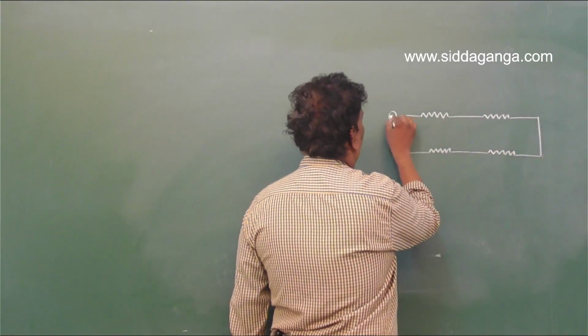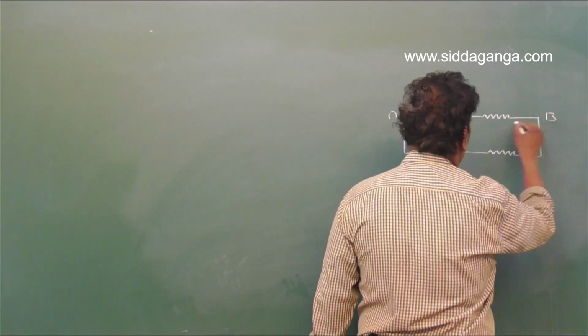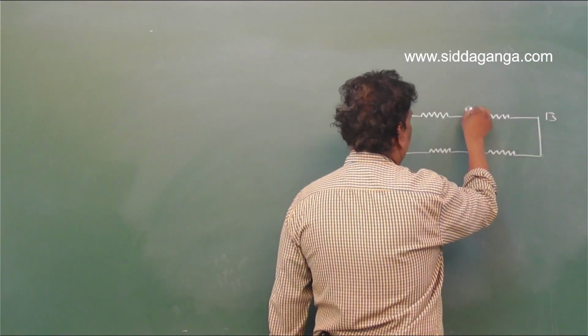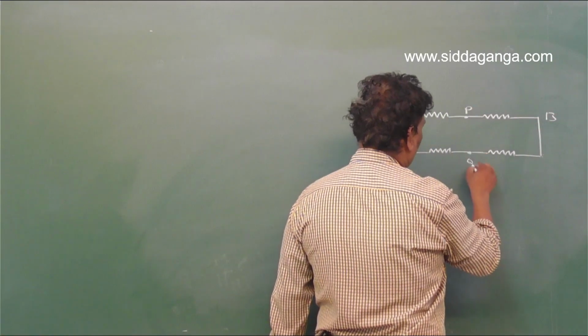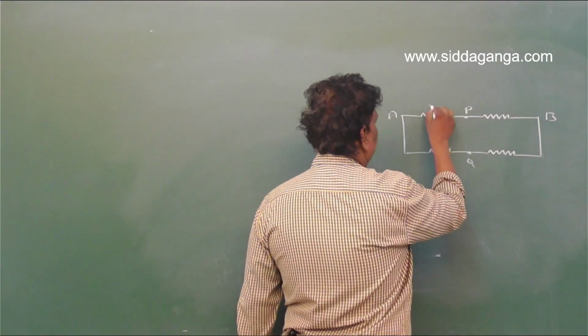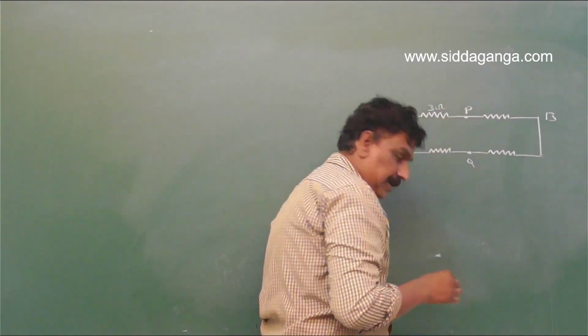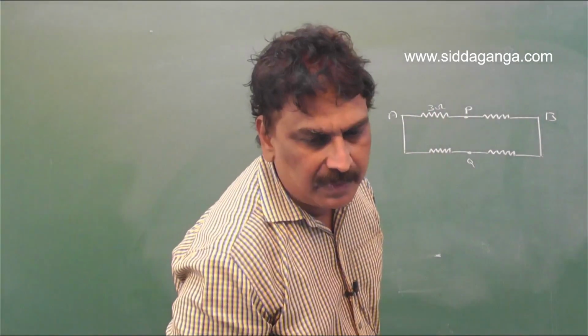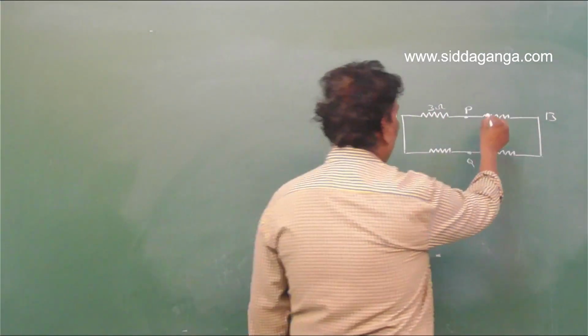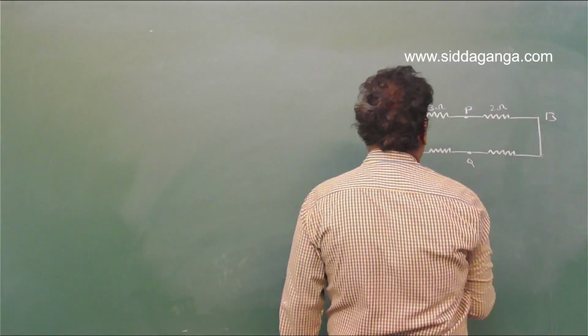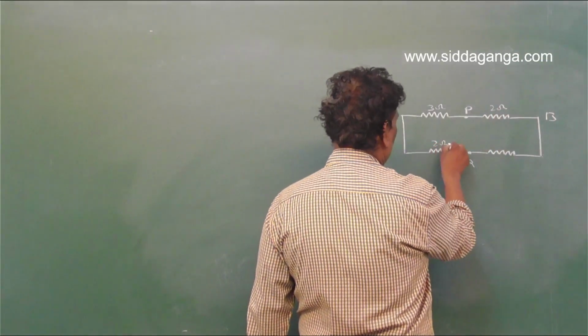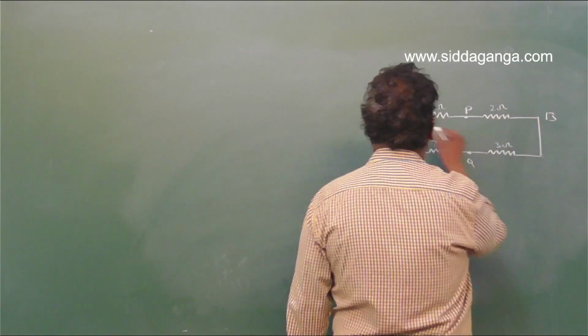There are two points A and B, and in between, two points P and Q. This is a 3 ohm, 2 ohm, and this is a 2 ohm and 3 ohm.